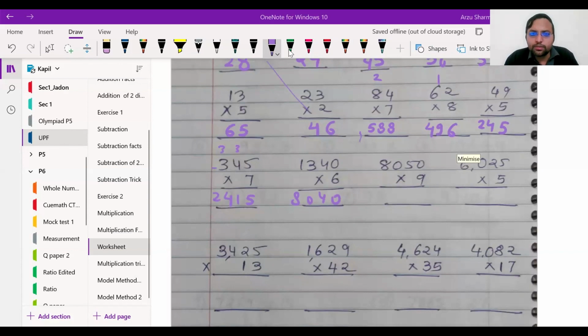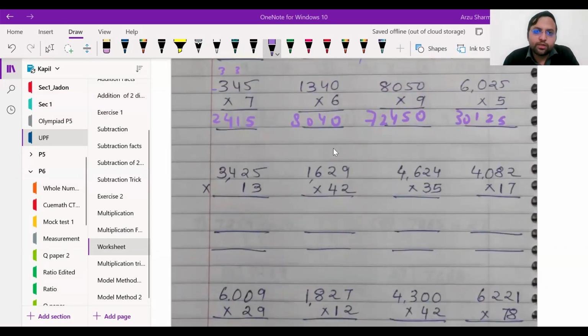Okay, Parth, Sharanya, Sujal. Yeah, keep on solving. Yeah, correct. Next one. 30,125. Swastik, okay, good. Others? Now, 3,425 times 13.